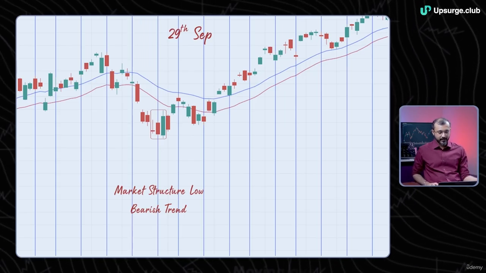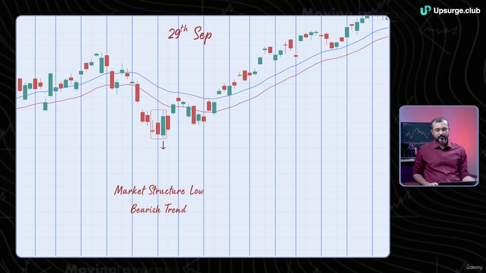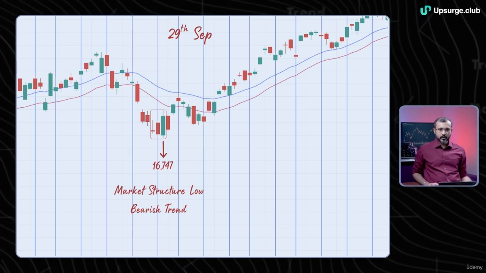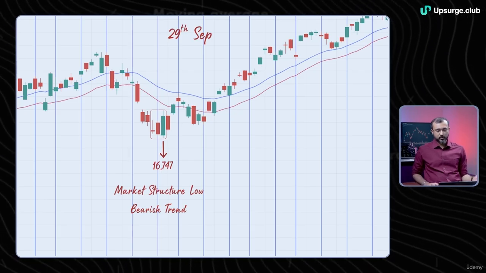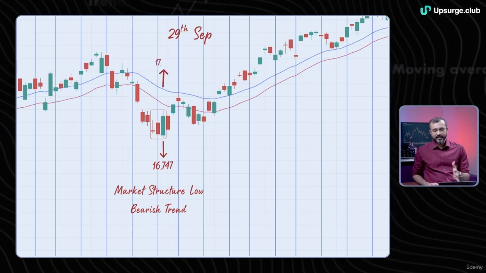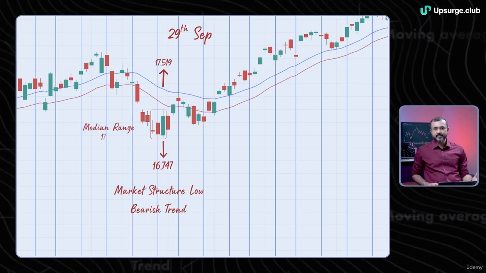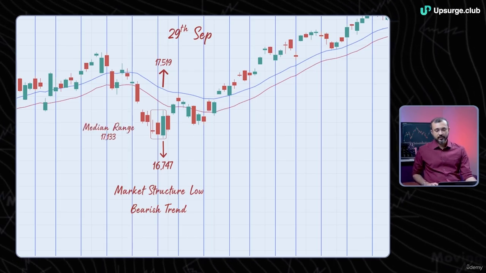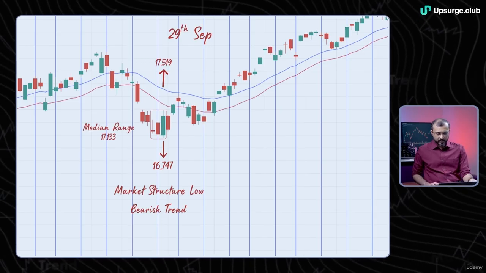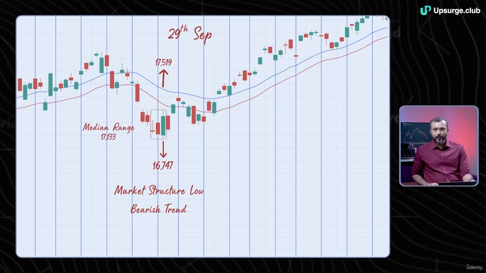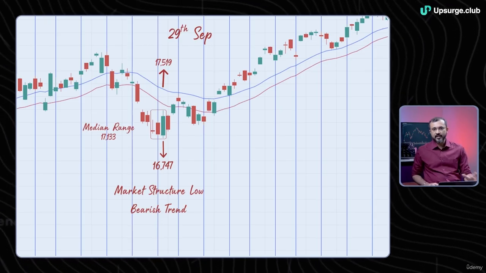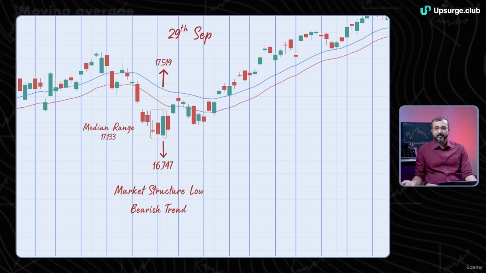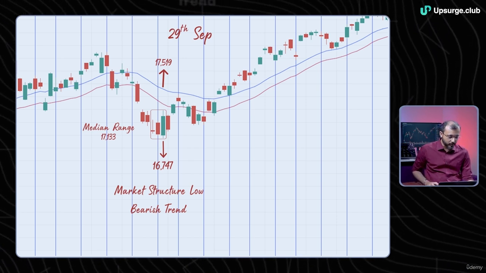We select the strike: 16,747 is the lowest point, which is the low of the market structure low. The high is 17,519. The median range is 17,133. So we select a strike of 17,150. We go short somewhere around 390 points, and from there the straddle has gone to 0. So the 17,150 straddle has gone to 0.